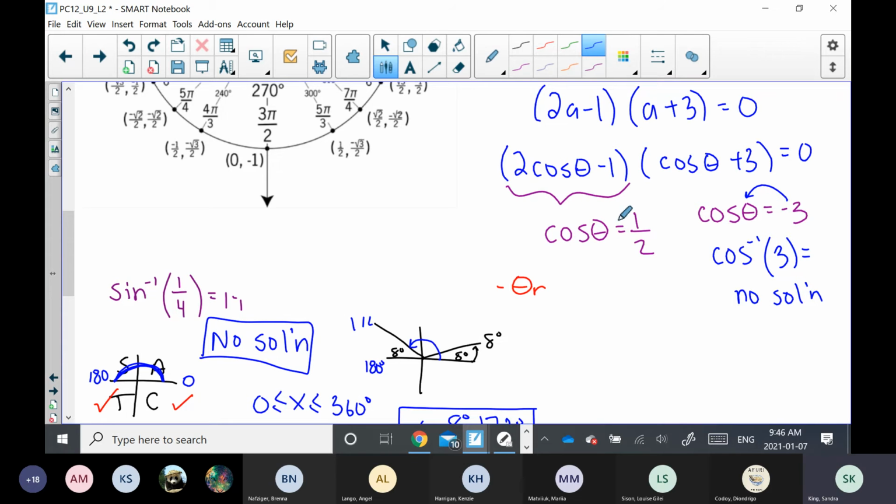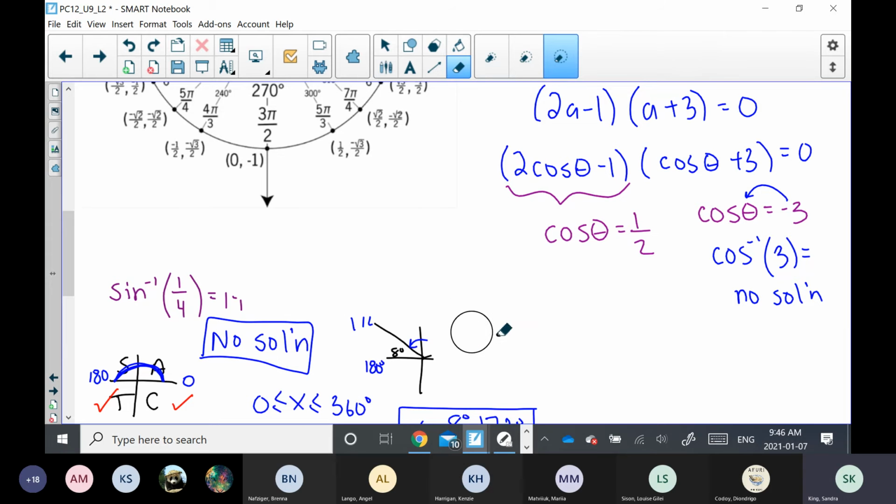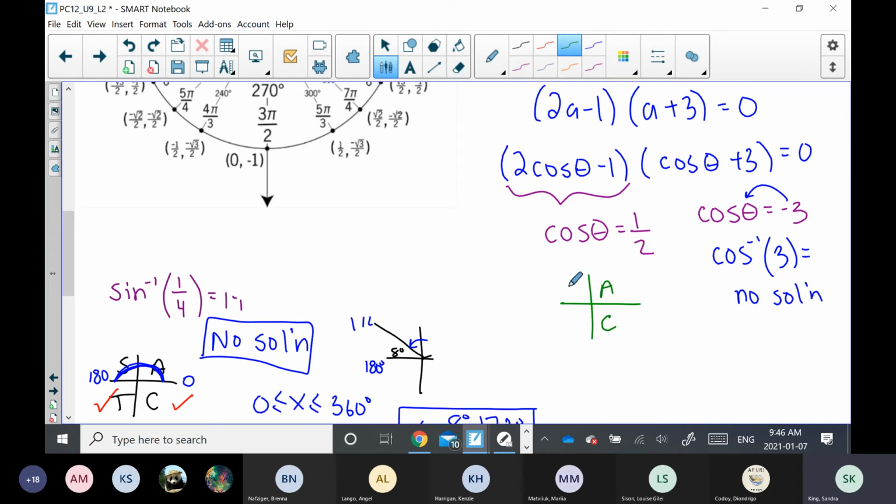Cos of 1/2. Okay, so without looking at the domain restriction, what we would normally do is say, according to my CAST rule, cos is positive here and here. I've got two different answers, right? And then normally I would say, okay, where cos is my x value, where is x 1/2?